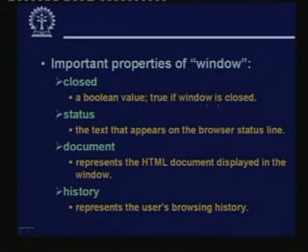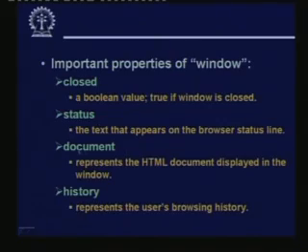If it is true, it means the window is closed presently. Status is a property which contains a character string. This character string is one which is displayed on the status bar of the window on top. Whatever is displayed there, that is contained in the status property as a string.